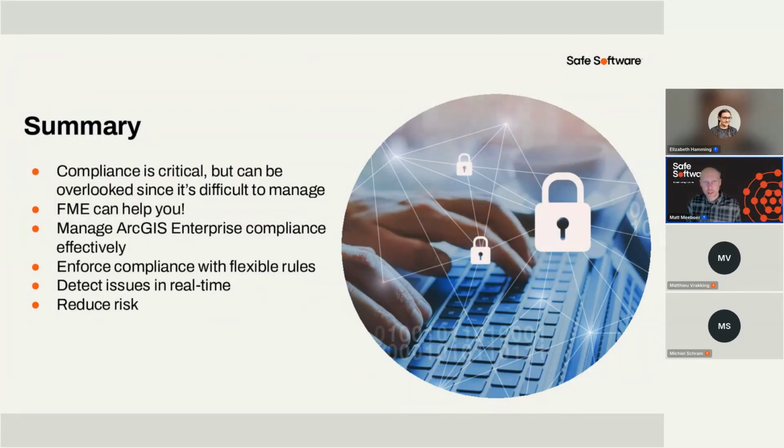So the solution shown today, built using FME, can help you be confident that you have a compliant ArcGIS Enterprise or Online deployment with strong governance, and can help notify you of compliance issues in the system or format used by your organization, and in a much more timely manner, catch things before they become a problem.